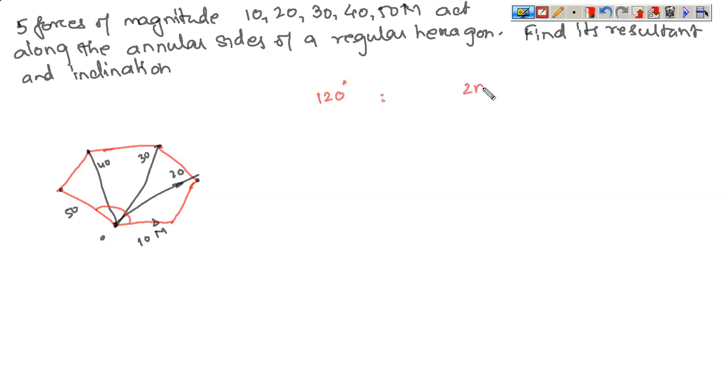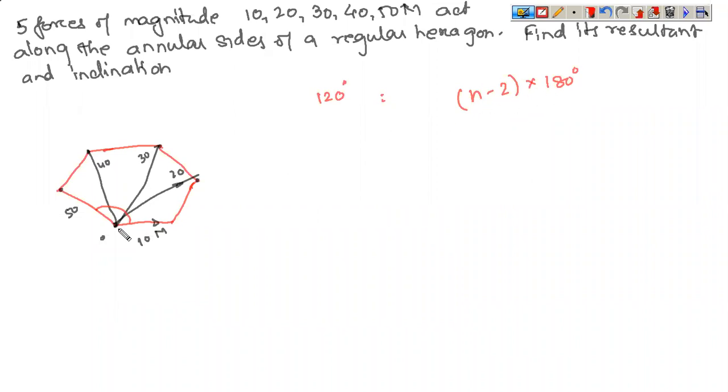It is n minus 2 into 180 degree. Okay, so total sum, n is 6, 6 minus 2 is 4, 4 into 180 degree is 720 degree.